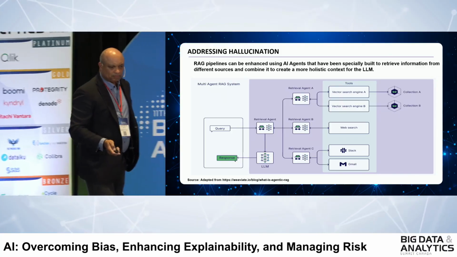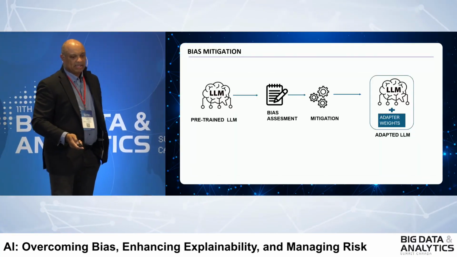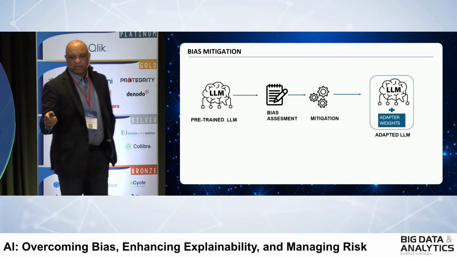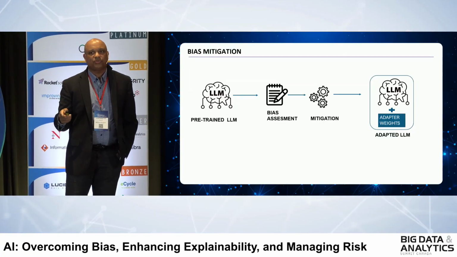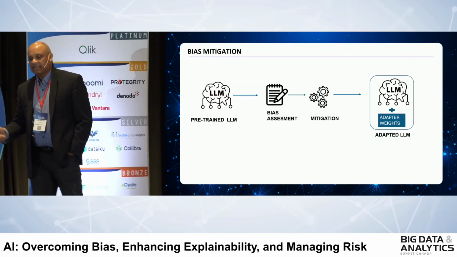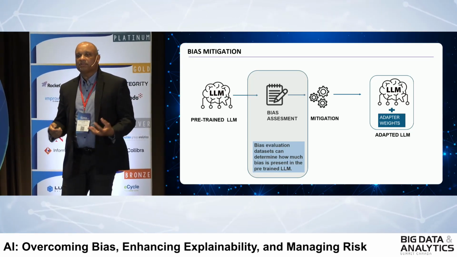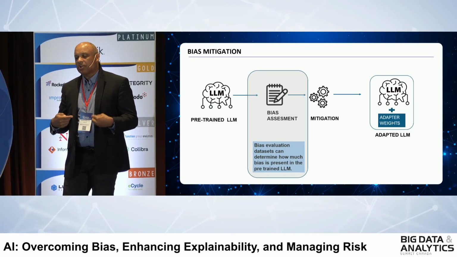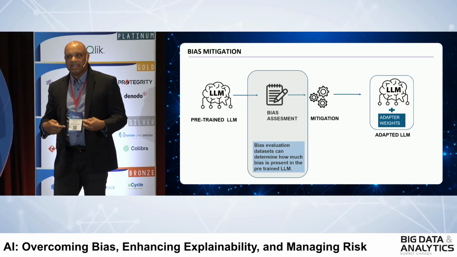Now, we also have to talk about bias. We use pre-trained LLMs in our companies, but we have to make sure that those pre-trained LLMs are not biased. And the way to do that is we have certain bias evaluation data sets that we can use to measure how much bias there is in the actual LLM.